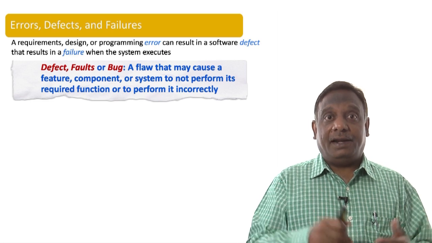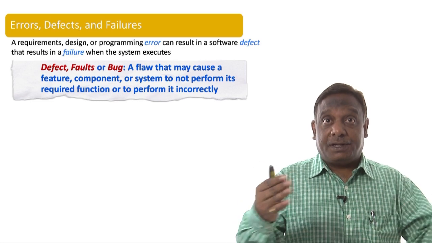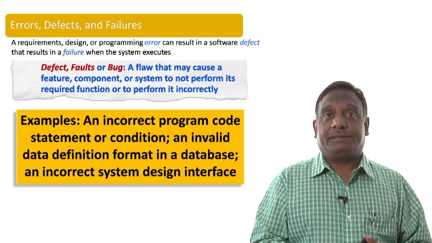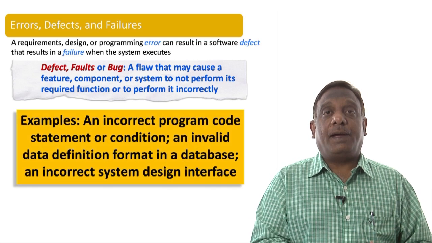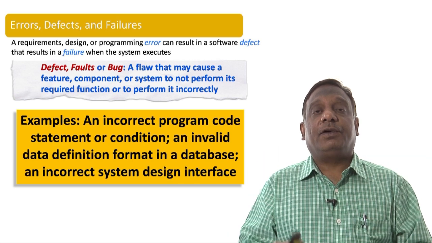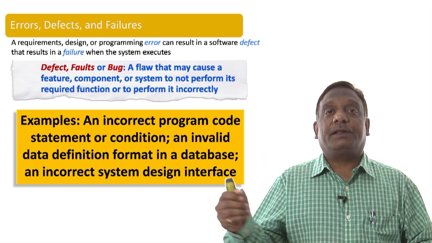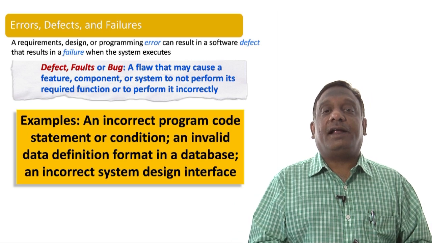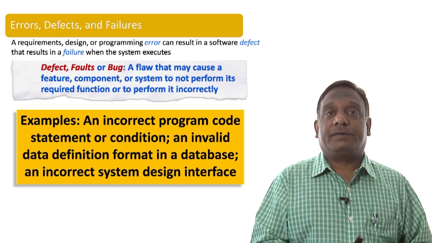The developer made an error. So the typical examples of defects are an incorrect program code statement. The right program should have greater than or equal to, but because of this mistake, the program came with less than or equal to. Or an invalid data definition format in the database.